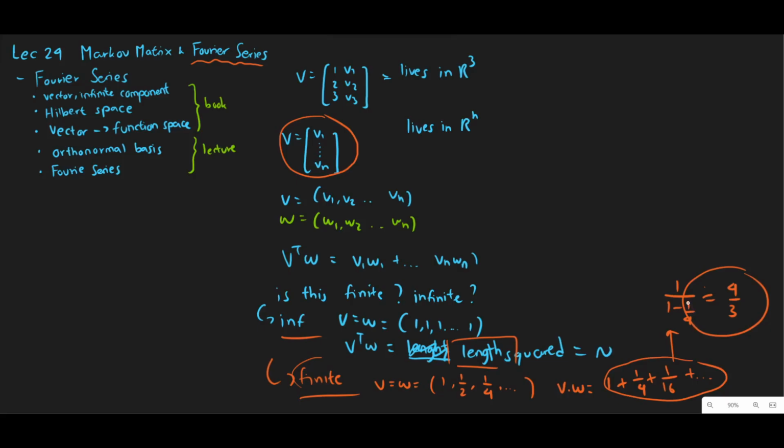Okay, so we have gone to this point, and this brings me to the definition of the Hilbert space that is briefly mentioned in the book. The Hilbert space says that the vector v that has an infinite number of components, and a function f(x).